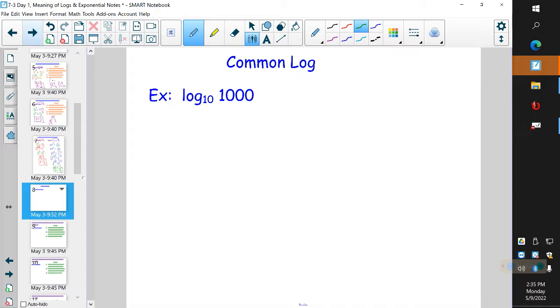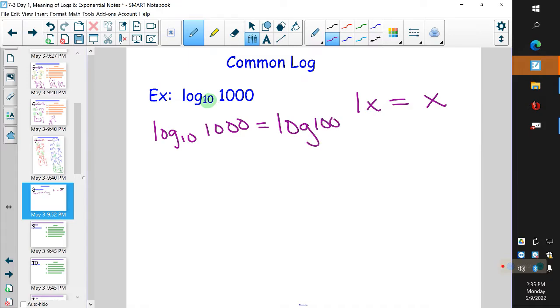Next, the common log. The common log says that anytime you have a base of 10, it's understood to be there. It's kind of like 1x. I don't have to write that, that's just simply x. So if I have log base 10 of 1,000, that's the same thing as writing log of 1,000. It is understood to be there, so you don't have to write it. But it's still the same concept.